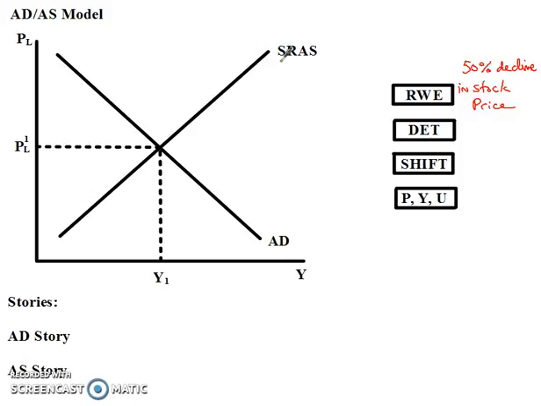I'd have to work my way through my short aggregate supply determinants and my aggregate demand determinants. And after looking at both of those, I would say the determinant that has changed is a change in consumption wealth.